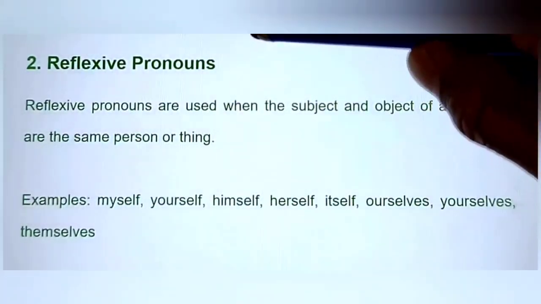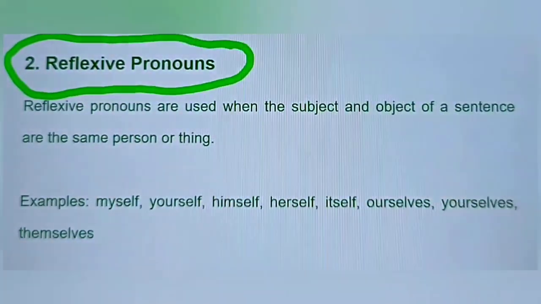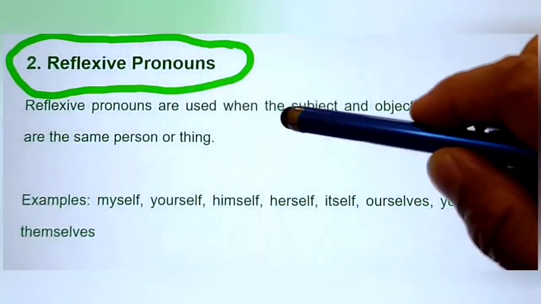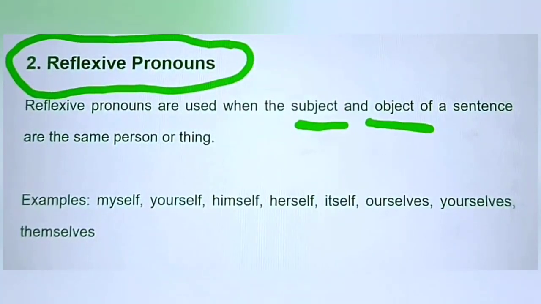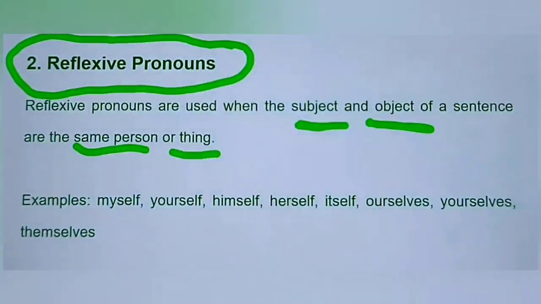Let's have a look at the next pronoun. Next we have reflexive pronouns. Reflexive pronouns are used when the subject and object of a sentence are the same person or thing.